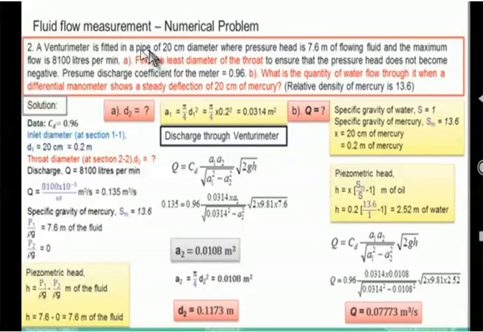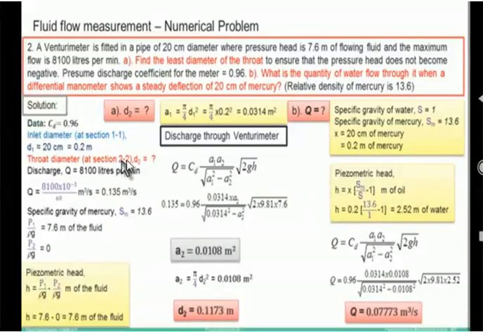He has given the pipe diameter as 20 centimeter, that is our D1, so 20 centimeter is equal to 0.2 meter. Next, the throat diameter, section 2, which we have to find out: the least diameter of the throat.